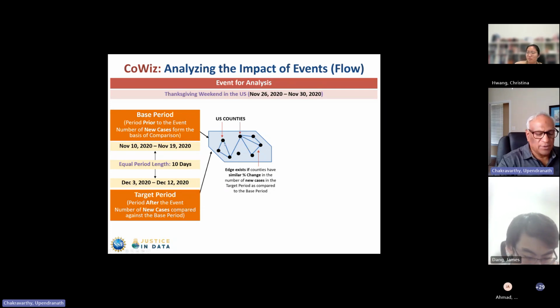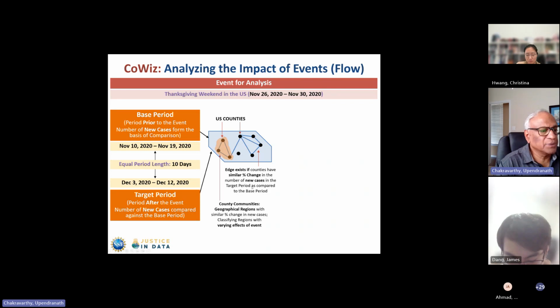So you have a graph of 3,000 plus nodes, and we connected an edge if counties have a similar percentage change in the number of new cases in the target period as compared to the base period. The similar percentage is within the range that's indicated.